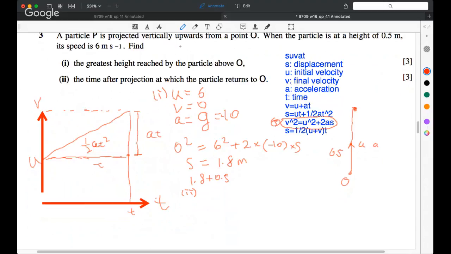When we throw something into the air, it's decelerating due to gravity, and then it's accelerating again due to gravity. This motion is completely symmetric. How much it accelerates is the same as how much it decelerates. If I throw the pen, ignoring air resistance, it reaches upwards and then drops down, and the absolute speed at this point would be the same. So the time taken from this point to the greatest height is the same as the time taken from the greatest height to this point.